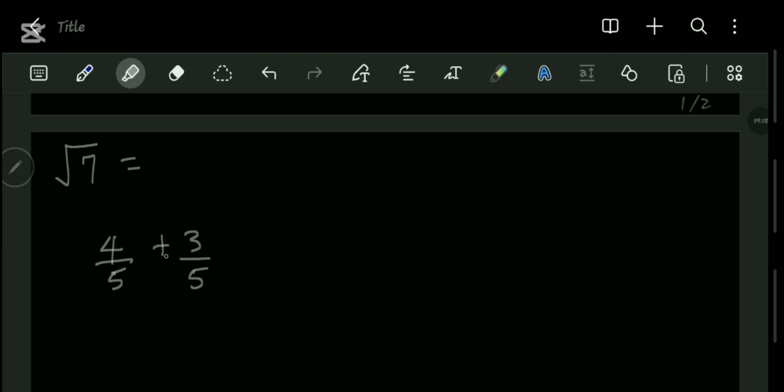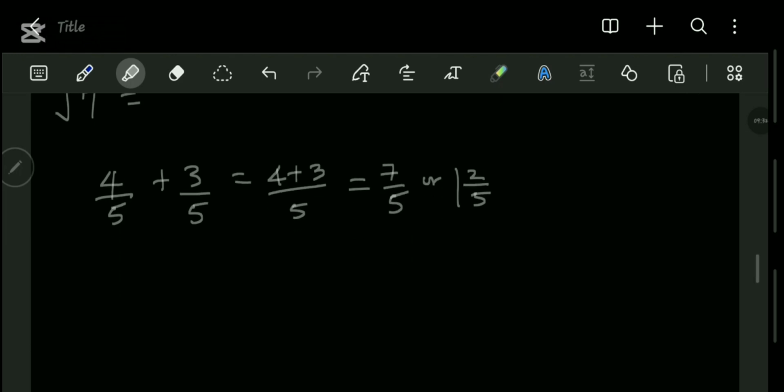Why? Because we have the same denominator. So what do we do here? We just add the numerators, 4 plus 3, and then we pick one of the denominators since it is like, and we have 7 over 5, which is the same thing as one whole number 2 over 5. This is only when it is like.